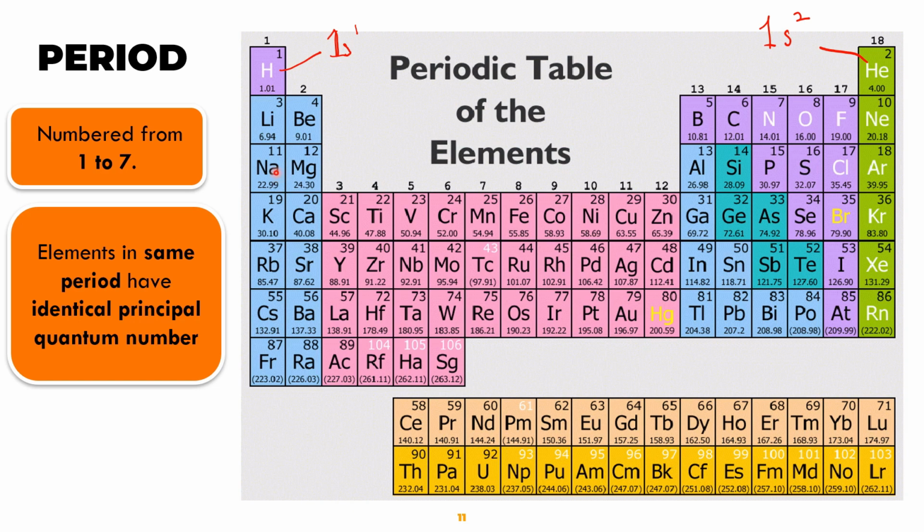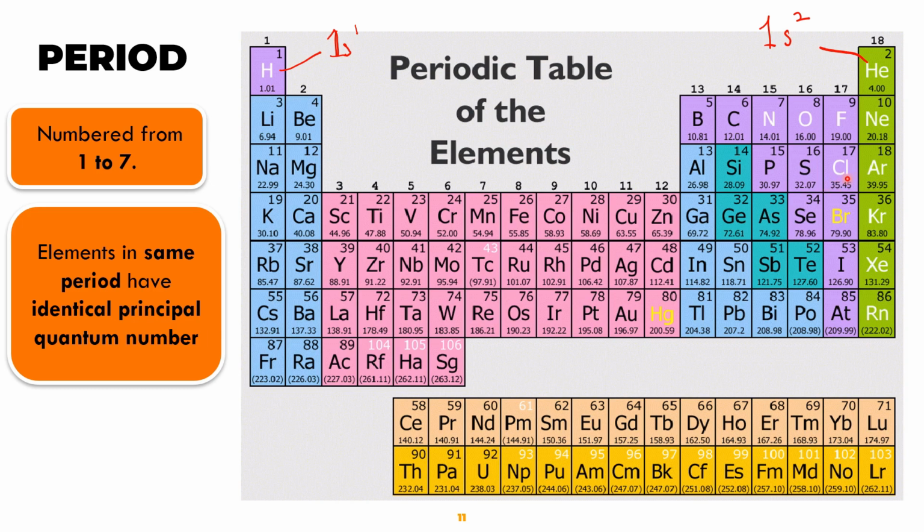For example, for elements in period 3, we have sodium until argon. For sodium and argon, how do we know that those two are located in the same period? The answer is you can simply refer to their electronic configuration.